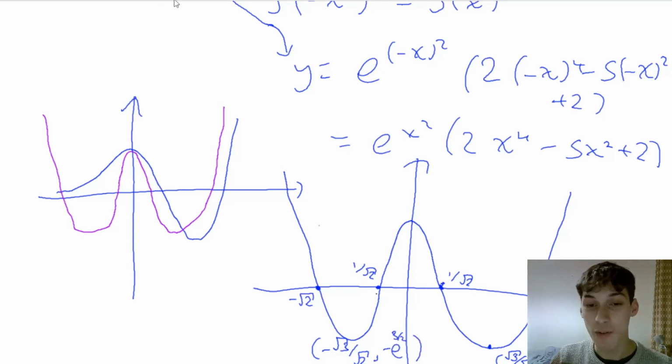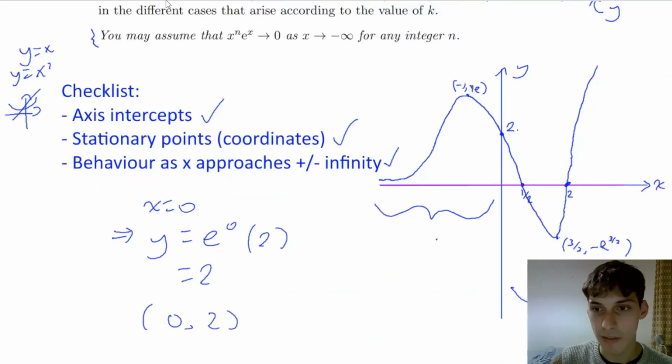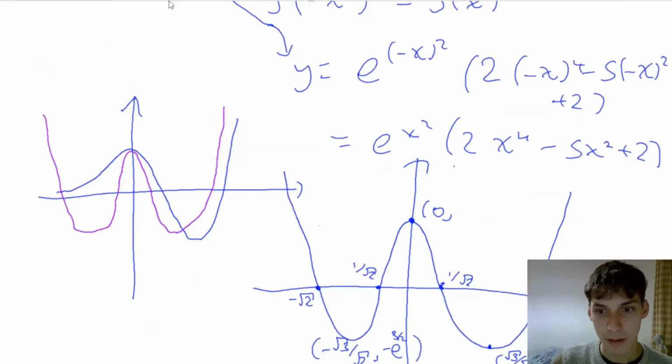And actually, we've got one more point that's worth labelling. So we want to label all the turning points and the points of intersection with axes. We want to label this point here, which we can tell is x equal to 0. And that would be the only place it made sense to arise. And now where would the y value be? Well, that's just the y-intercept, which we already found as 2. So we have a 2 here. And we're done with this graph.